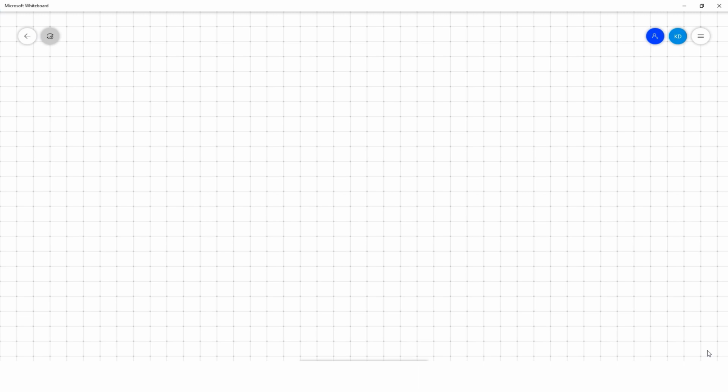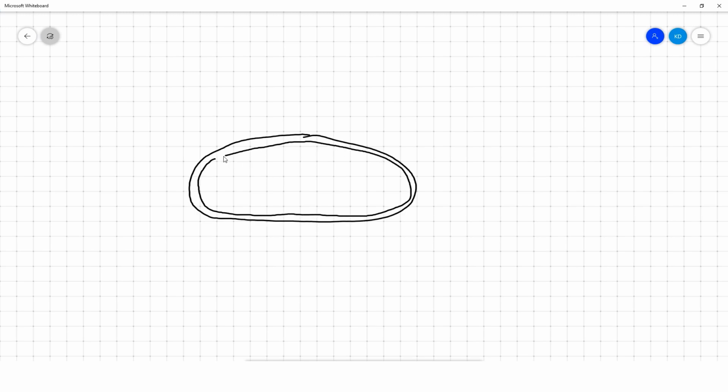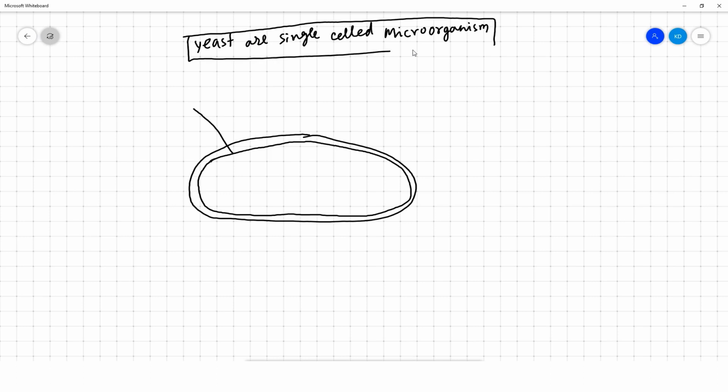Now in this part we are going to draw another cell. This is the yeast, a single celled microorganism.